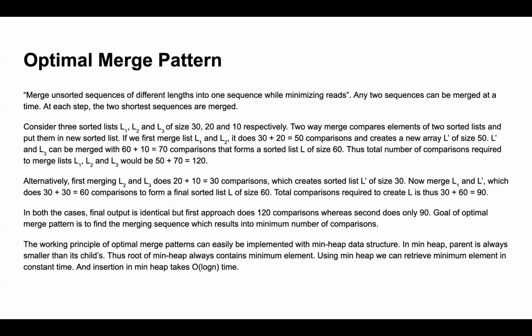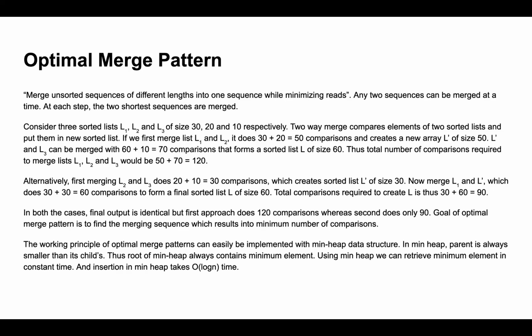Two-way merge compares elements of two sorted lists and puts them in a new sorted list. If we first merge lists L1 and L2, it does 30 plus 20 is equal to 50 comparisons and creates a new array L dash of size 50.